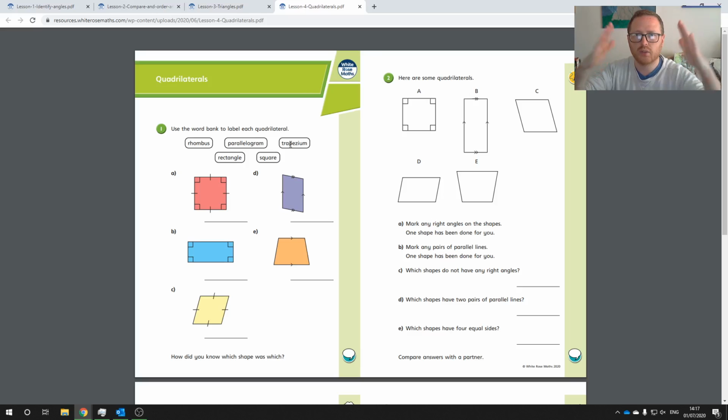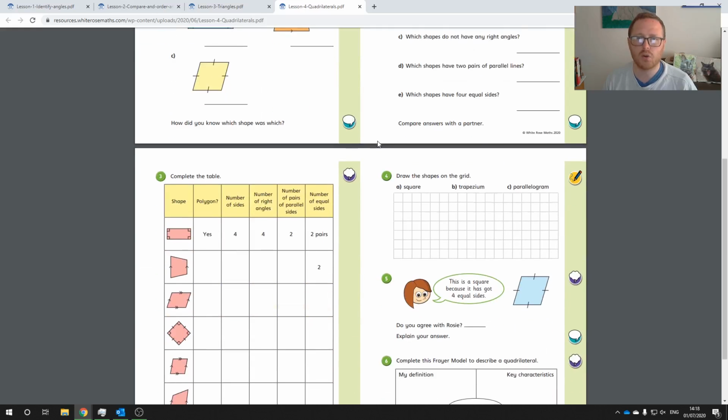You've got 2 sides which slope into each other, and then 2 parallel sides as well. A parallelogram is kind of like a rectangle that's been pushed over to its side a little bit, and a rhombus is like a square that has been pushed over to its side. So a rhombus is a special type of parallelogram, a square is a special type of rectangle, that kind of thing. Anyway, there's some questions about quadrilaterals.